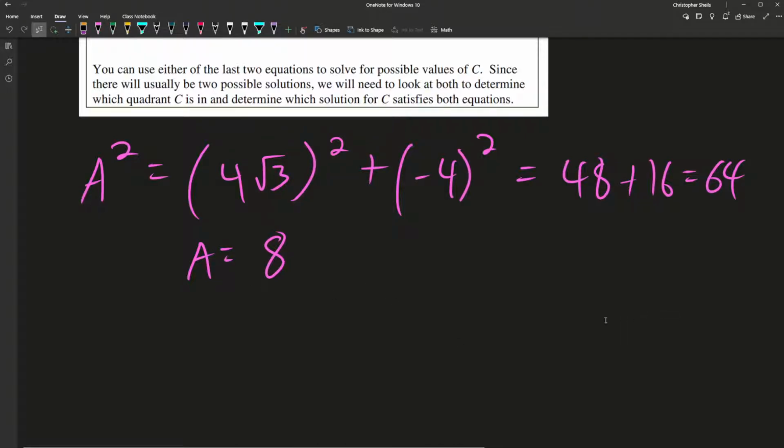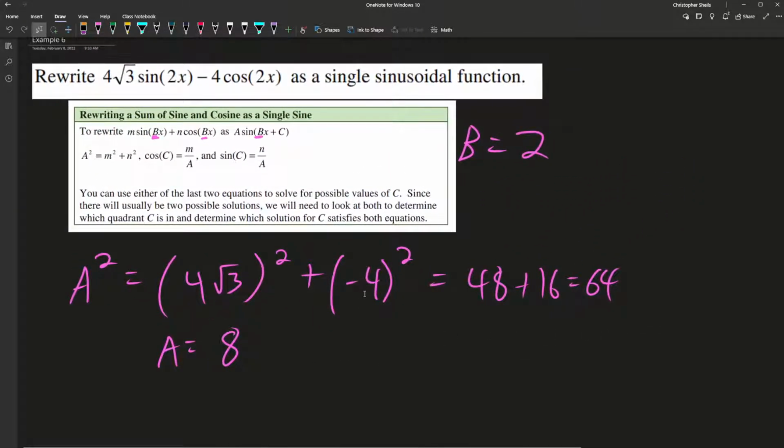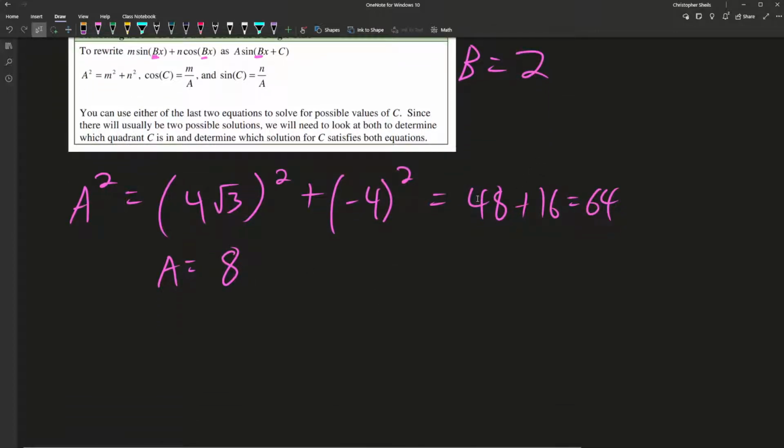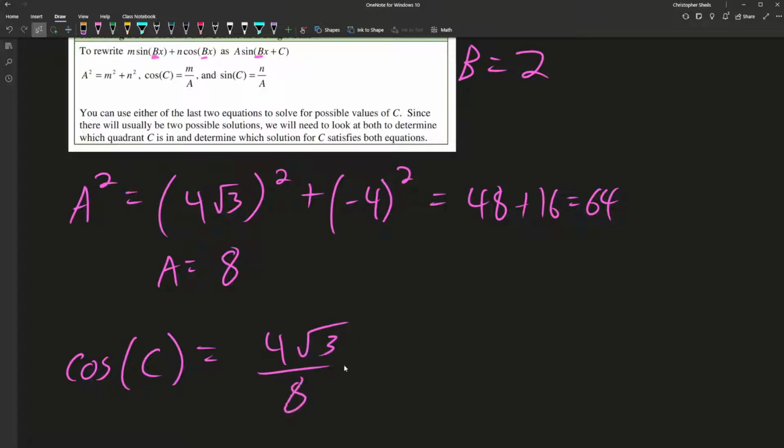So now, to solve for c, I need to use cosine of c as m over a, and sine of c is n over a. So cosine of c is going to be 4 root 3 over 8. This is square root of 3 over 2.